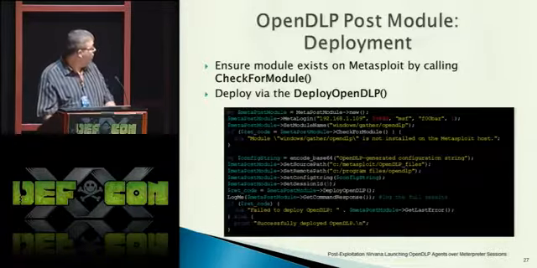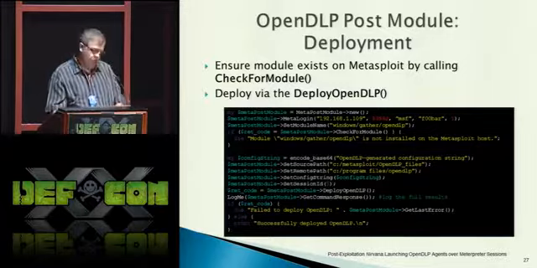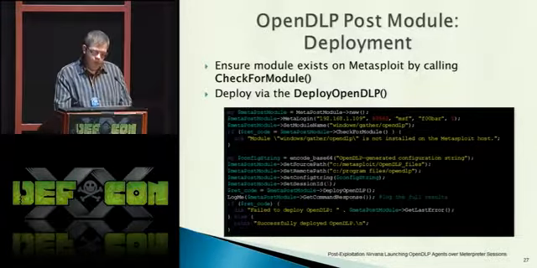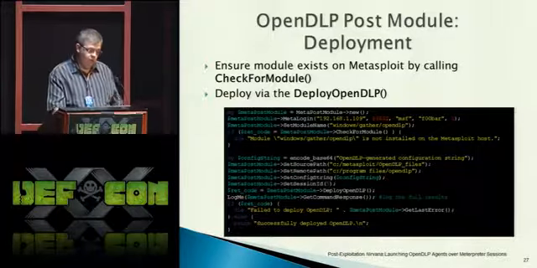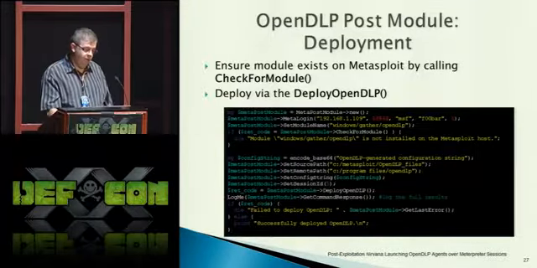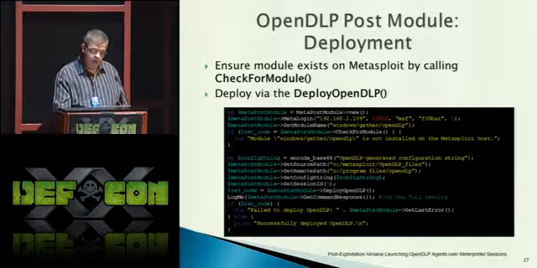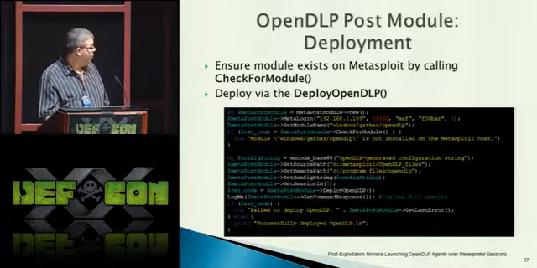And this is probably going to be really hard to read, but it works just like the previous module. You log in and authenticate, but now you set the module name, and in this case it's Windows Gather OpenDLP, and check to make sure it exists. Then we set the source and remote path, the configuration string, and the session ID, and just call deploy OpenDLP.